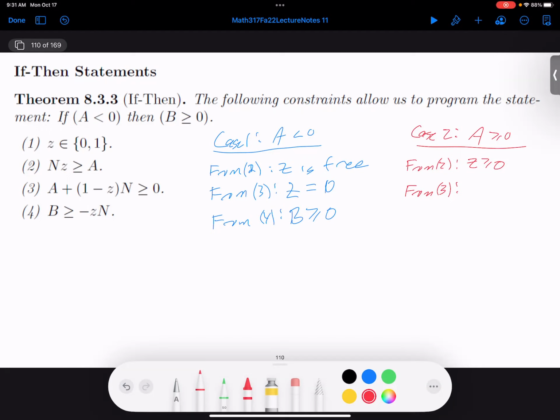No, Z is free. And now from 4, Z is still completely free. So no matter what value of B we have, we could always take Z to be 1, and then everything is okay. If we take Z equals 1, any B is okay.